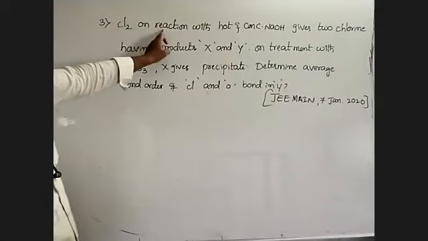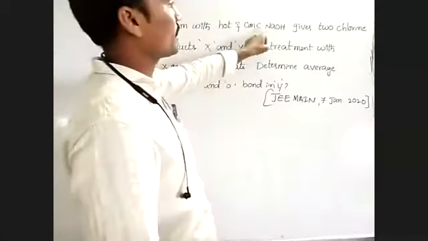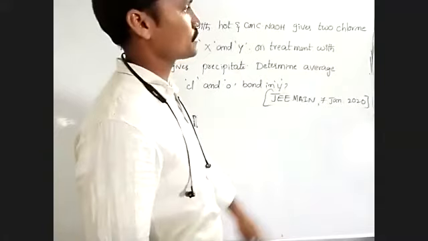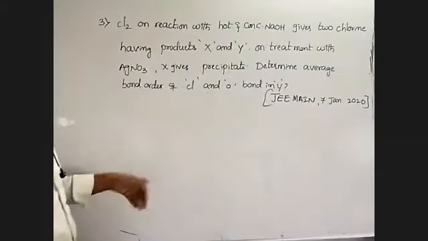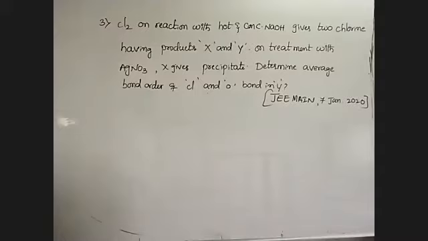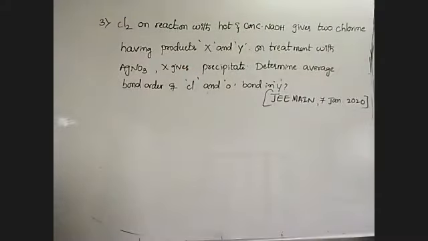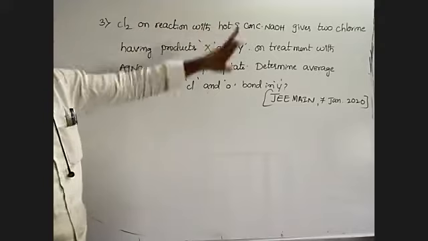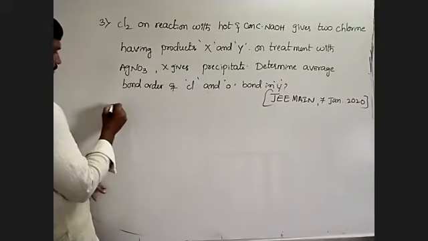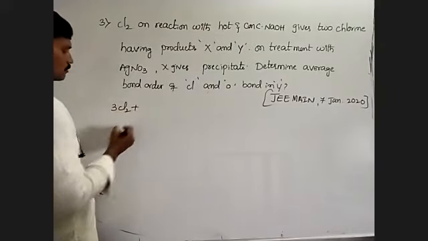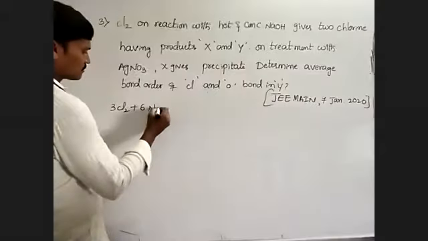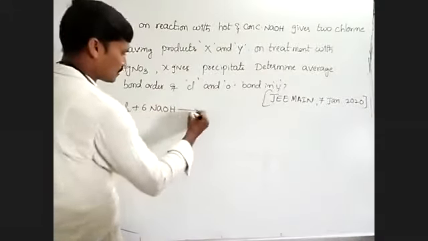Chlorine on reaction with hot and conc NaOH gives two chlorine-having products X and Y. Now you see the reaction between chlorine and hot and conc NaOH. Here chlorine combines with 6 moles of sodium hydroxide.